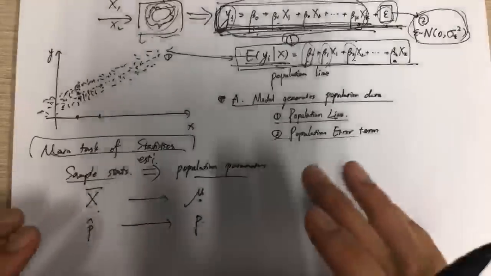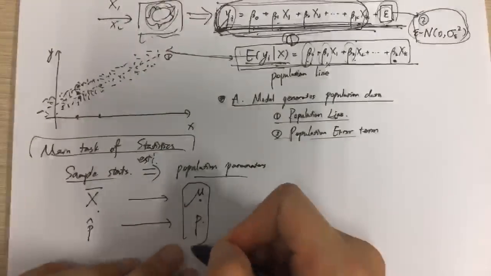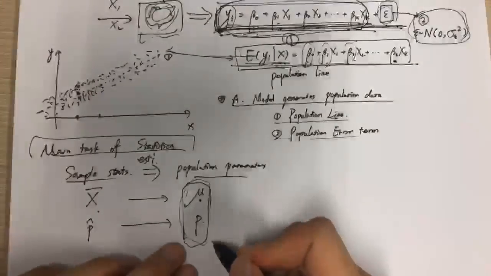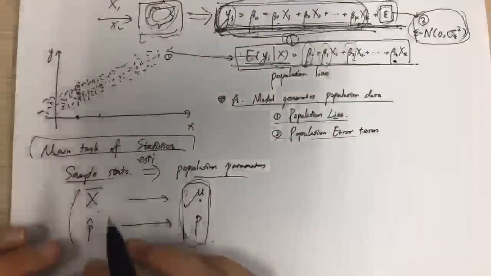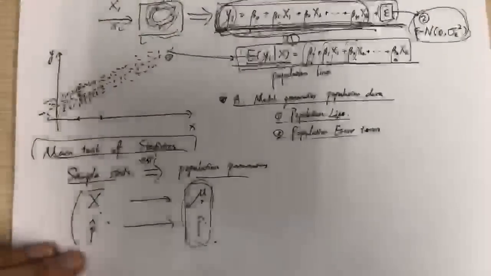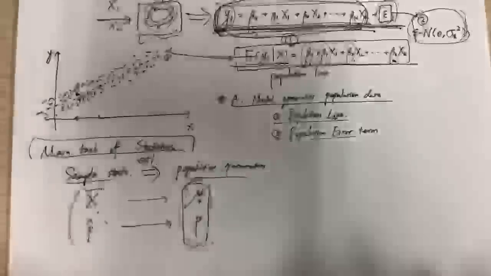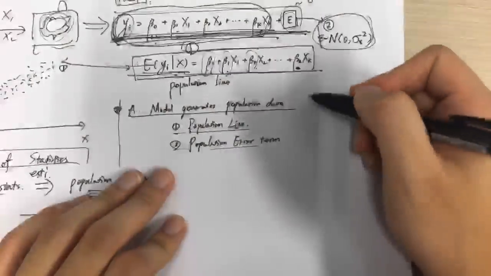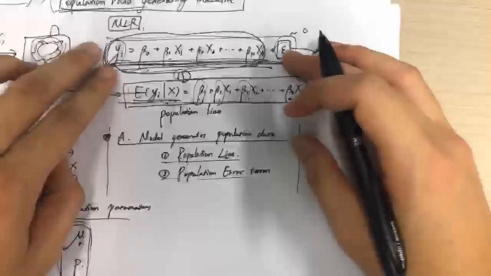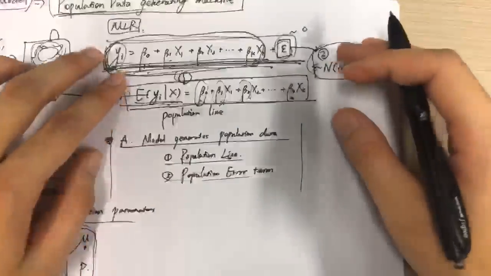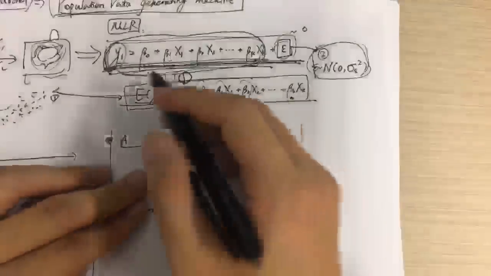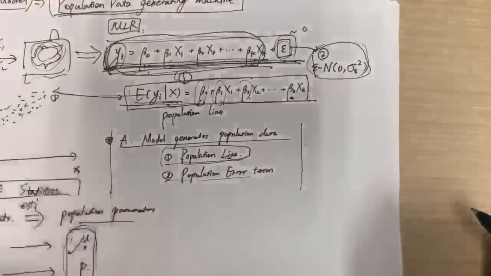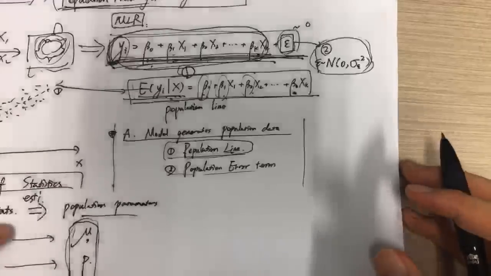So you can see every time we want to estimate some population parameter, we can always find some sample quantity to estimate it. Here, again, in any statistical model, there are different population parameters. And the first group of population parameters formed this population regression line.